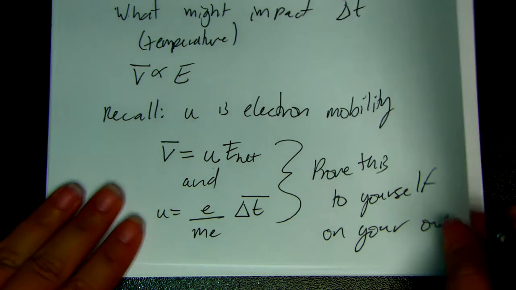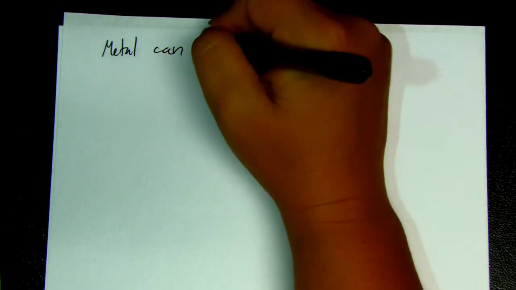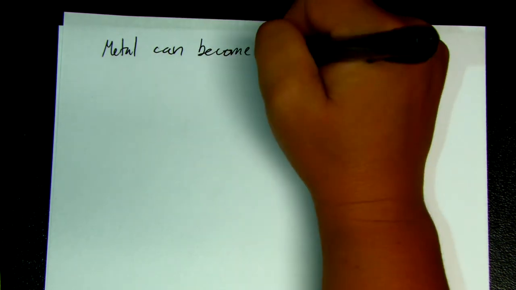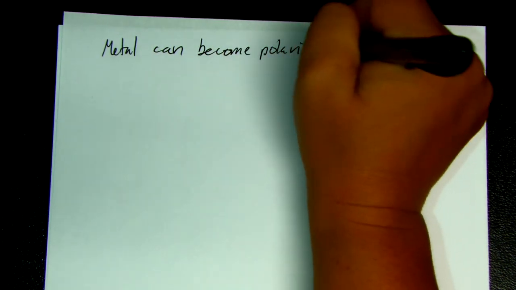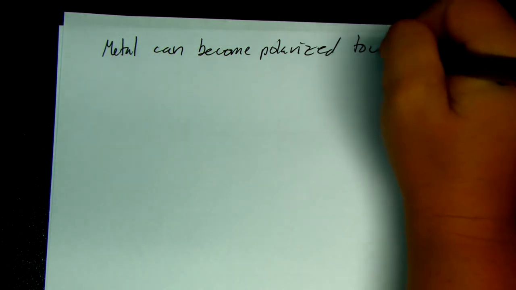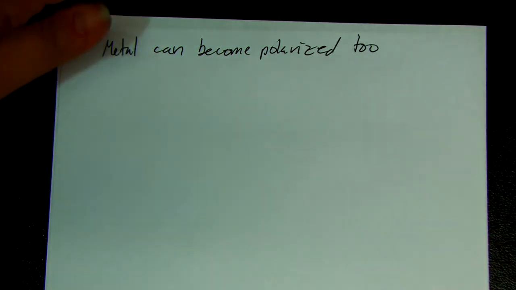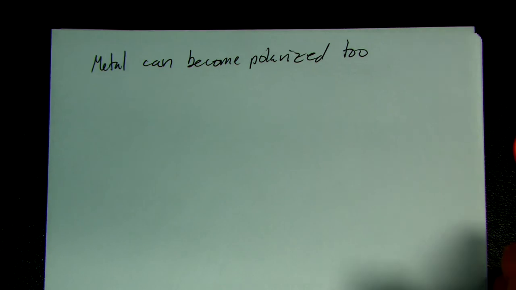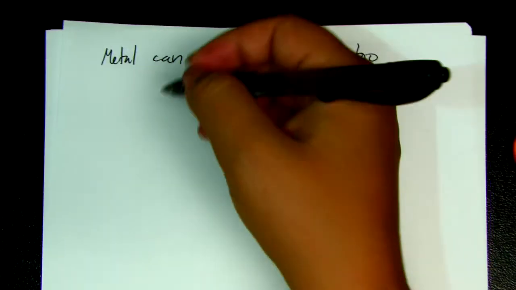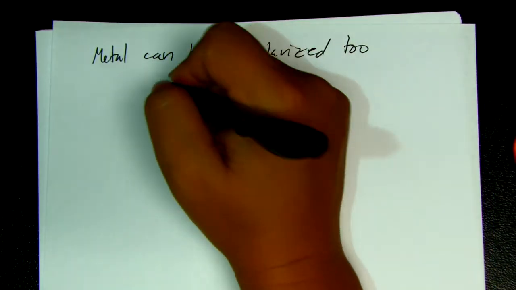All right, so moving on, thinking about what it means when a metal becomes polarized. Metals can become polarized too. It happens relatively quickly, but it's a different type of polarization.